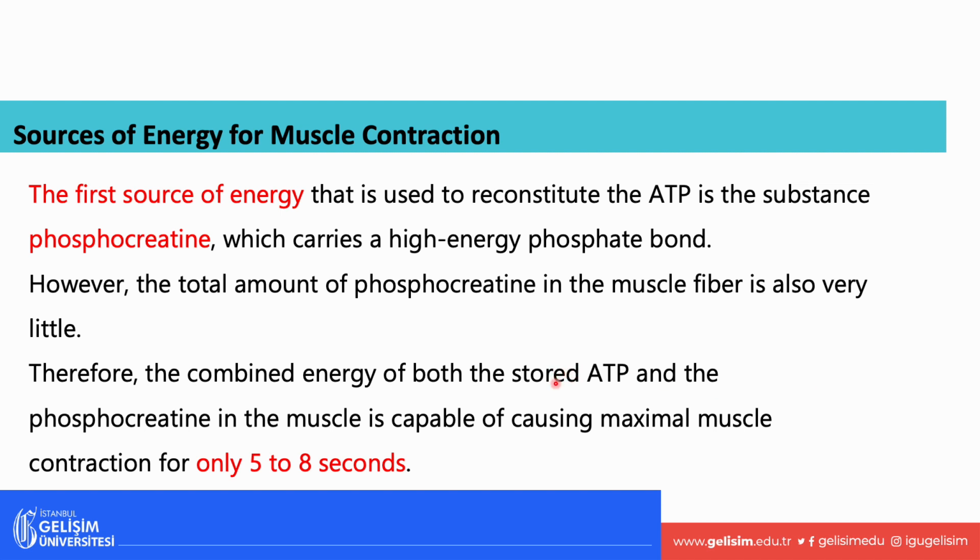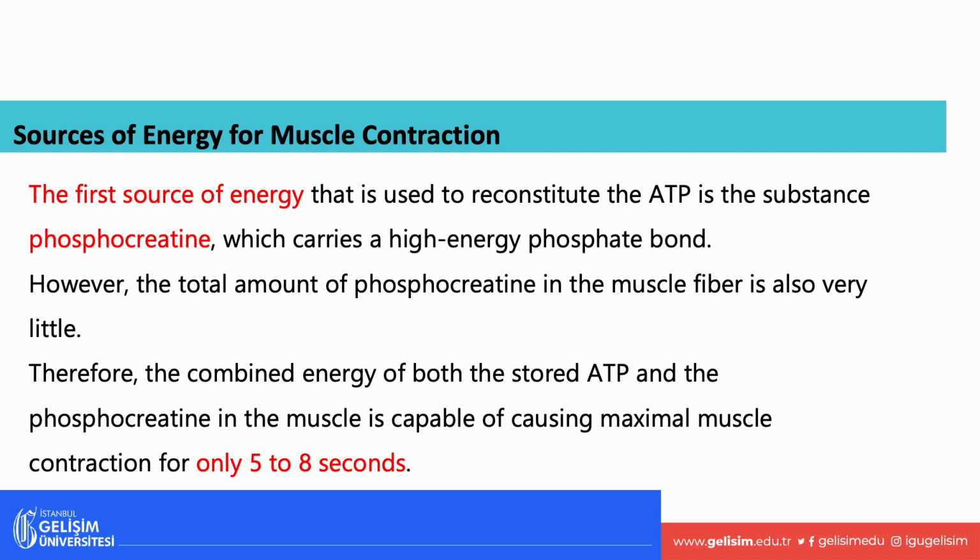So the combined energy of both stored ATP as well as phosphocreatine gives muscle the capacity of causing maximal contraction for about 5 to 8 seconds.